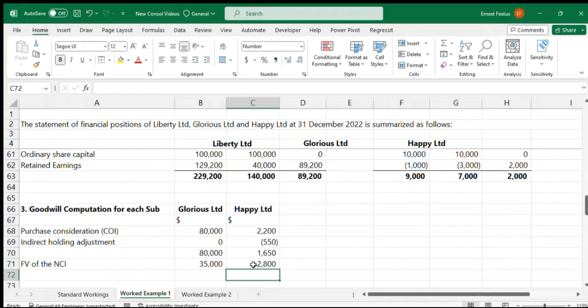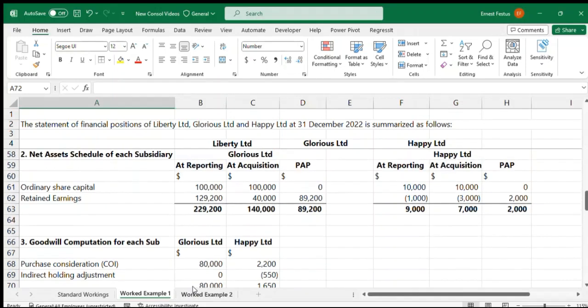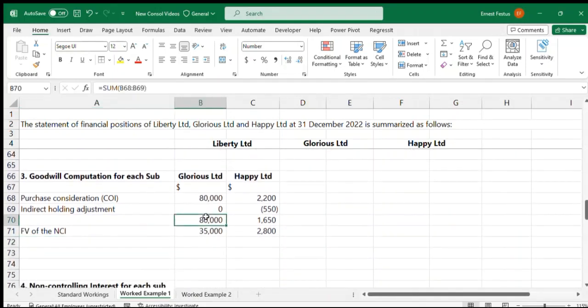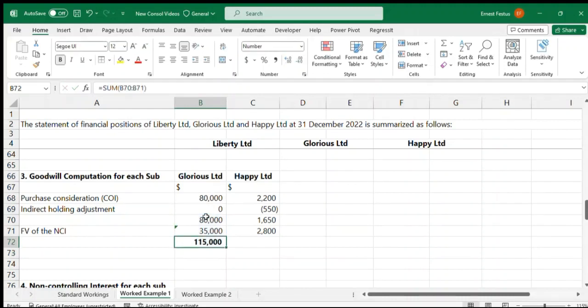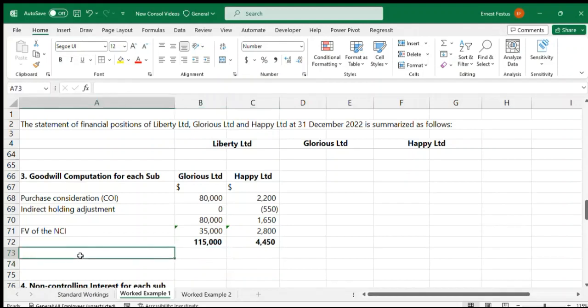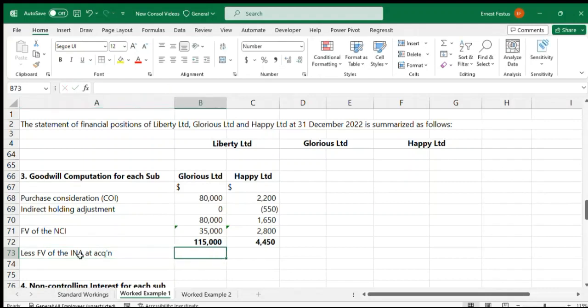Then I'll enter. So we have that, and what we will do is we'll add these two figures together. So let's add them. So we have alt equals, we add this together. So we have 115, Control R, and we less the fair value of the identifiable net assets at acquisition, which we have on our net assets schedule.